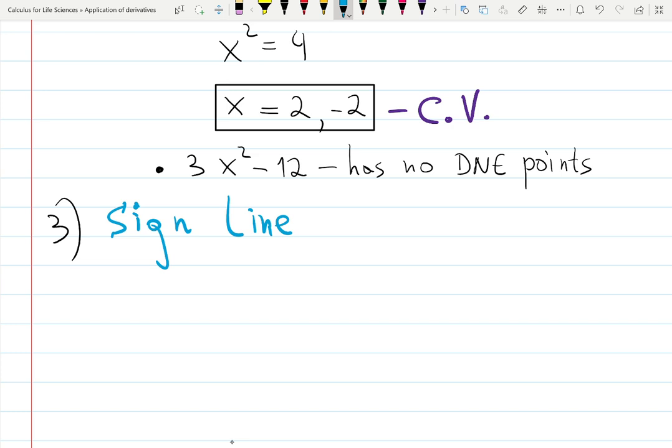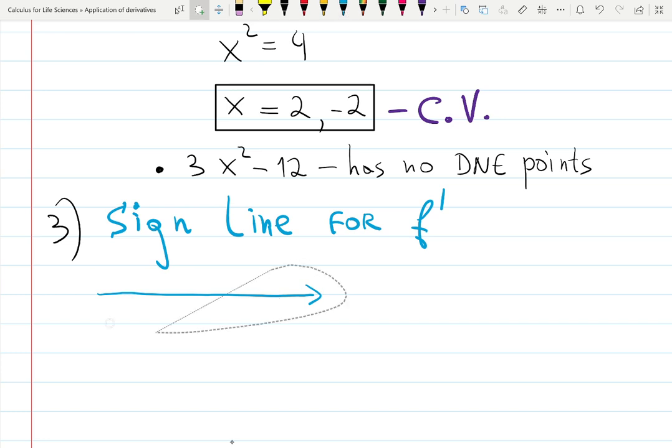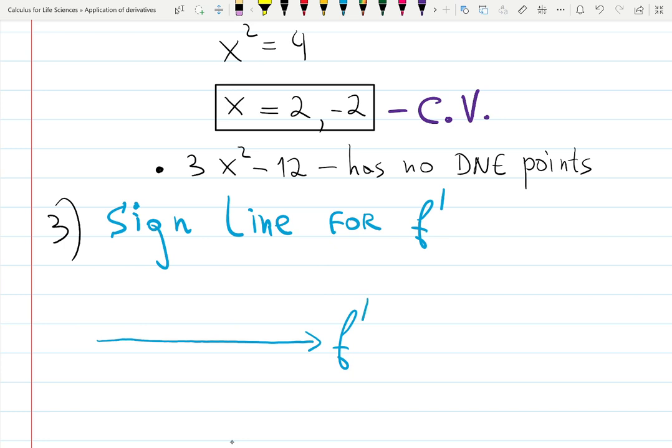You draw, sometimes they call it a number line, a sign line for the first derivative. That's important. So I'll write down that this is the first derivative sign line.